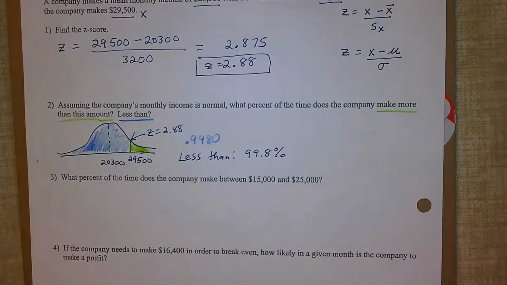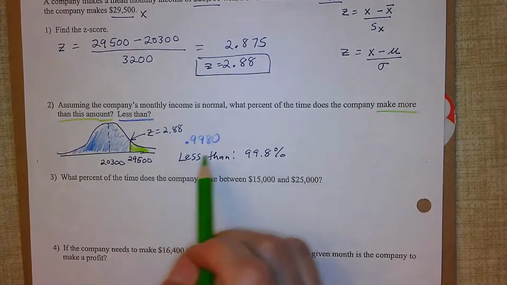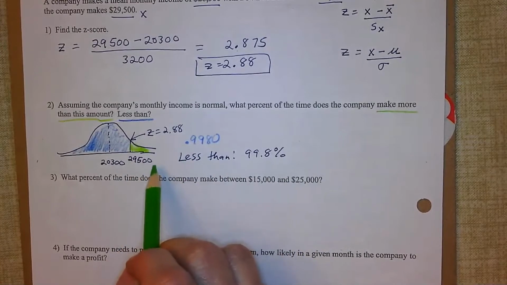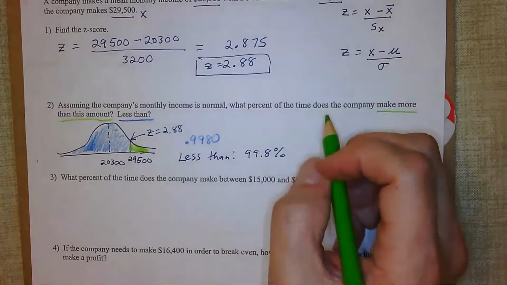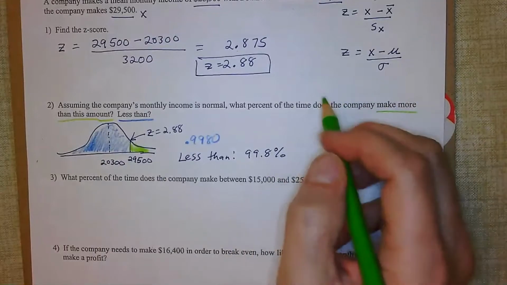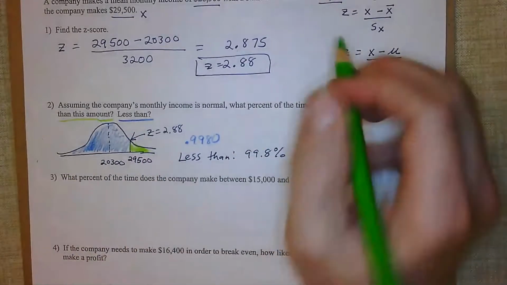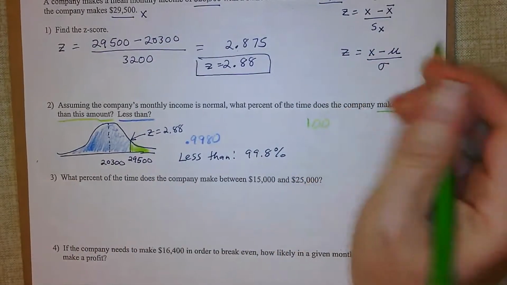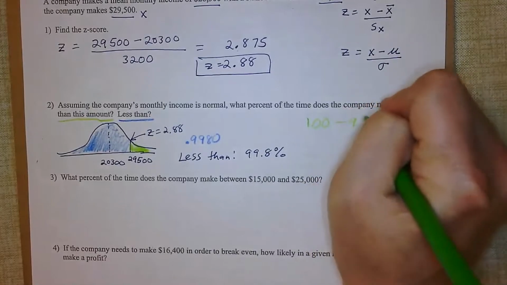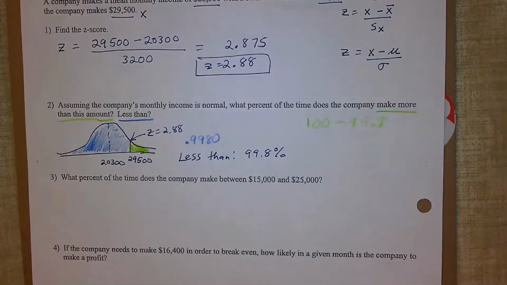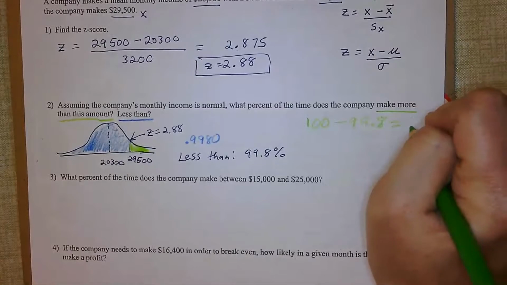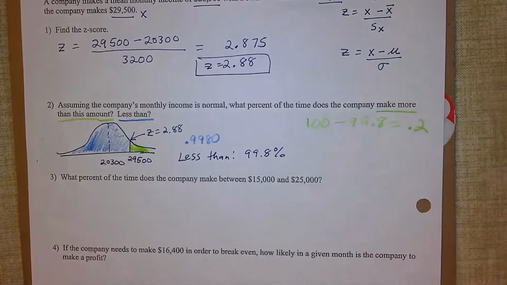So now the question is, how can I find this green portion, the more than? What percentage of the time do they make more than this amount? Well, I can remember one of two things. I can remember that the whole curve adds up to 100%, in which case I can do 100 minus 99.8, and I get 0.2%.